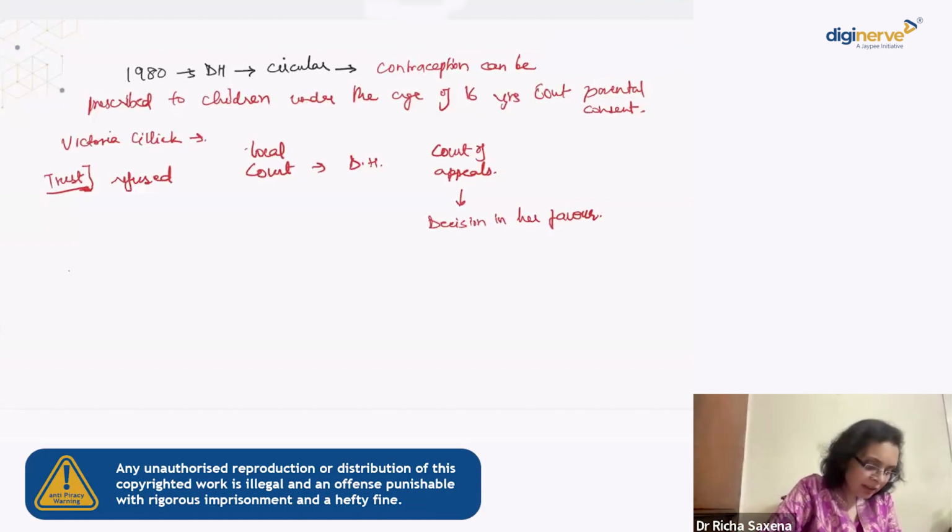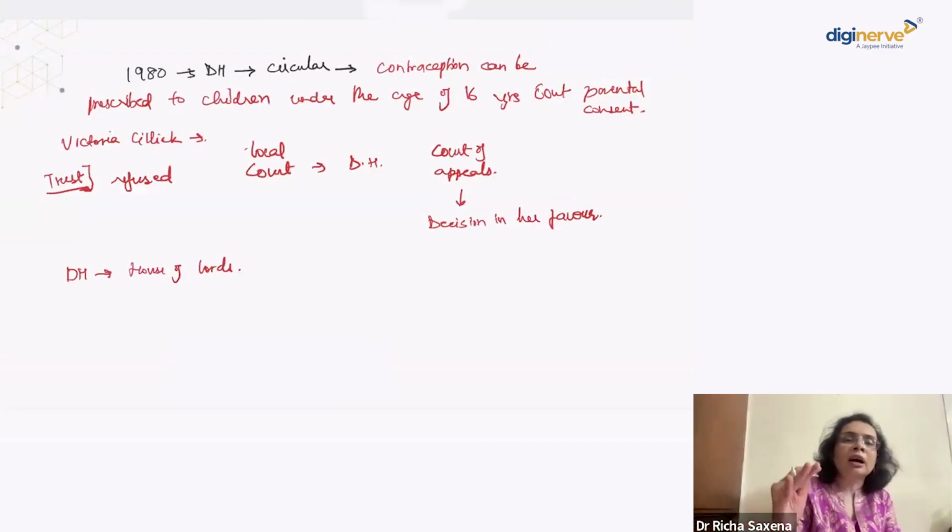So the Department of Health filed the case with the House of Lords. This must be the legal system in the UK: after local court you go to the Court of Appeal and then to the House of Lords, like in India we go to the Supreme Court if we are not satisfied with the decisions of the local courts.